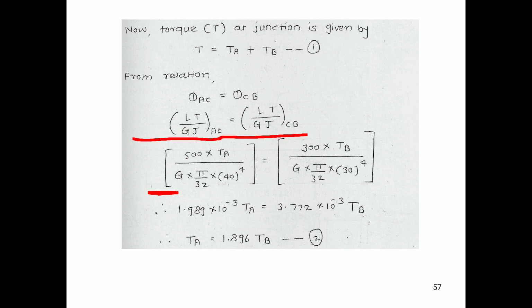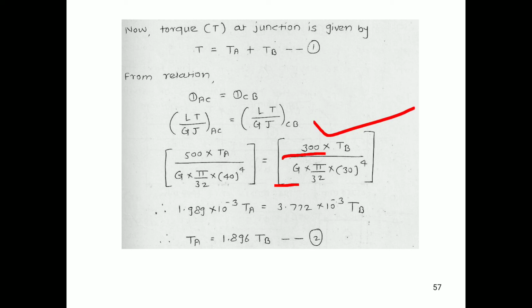So G will remain as it is, and J, the polar moment of inertia, is pi by 32 into 40 raised to 4, because the diameter for AC is 40 mm. Which is equal to TL upon GJ of CB. Again, the length for CB is 300. The torque is TB.